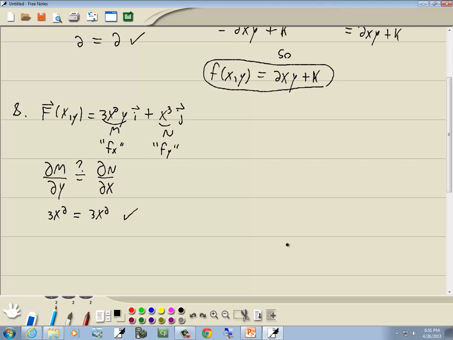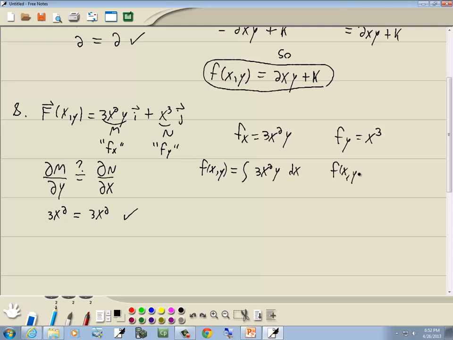So they're conservative. Well, we said that the partial with respect to x is equal to 3x squared y, and the partial with respect to y is equal to x to the third. So for our potential function, going backwards, we'll take the integral of 3x squared y with respect to x.